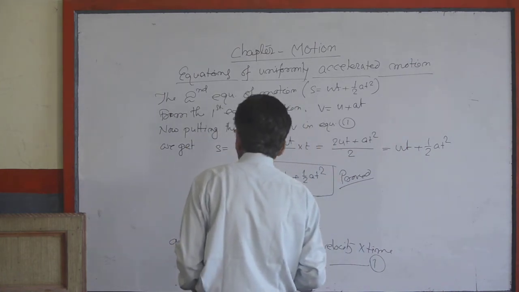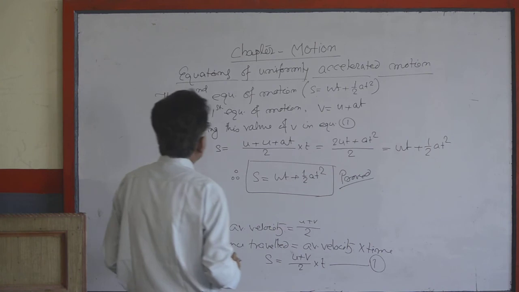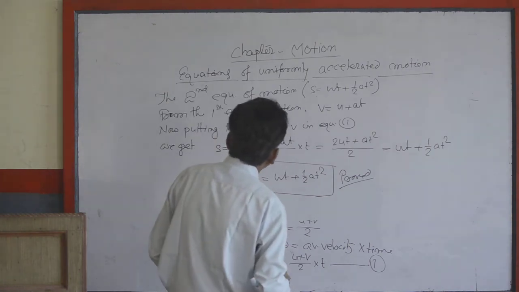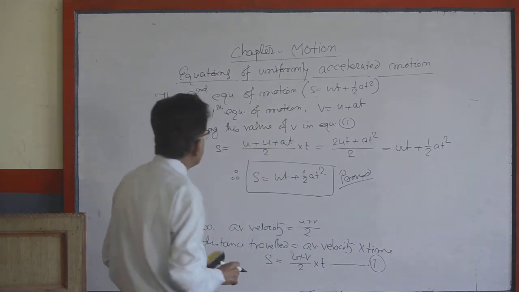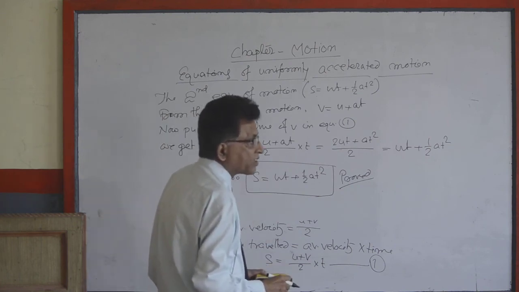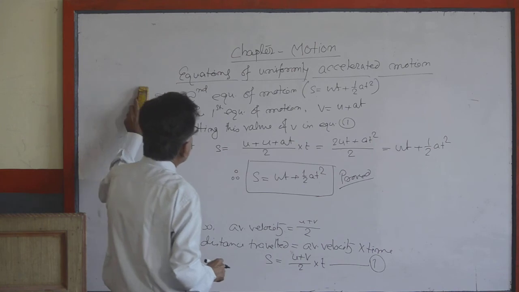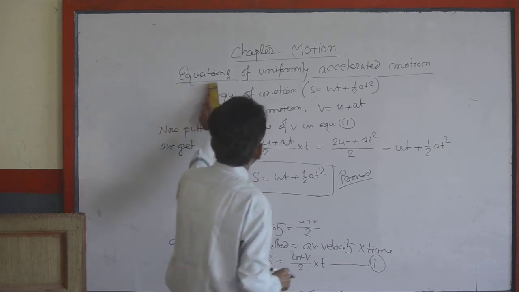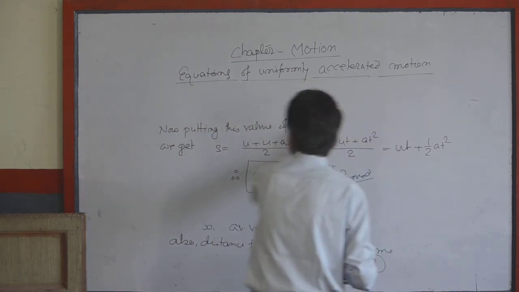This is the second equation of motion. These equations of motion are very important to you, because with the help of these equations, we can calculate initial velocity, final velocity, and uniform acceleration of a moving body.